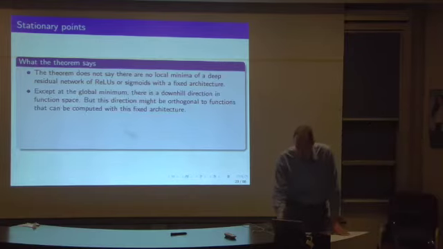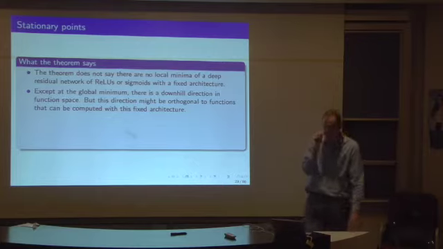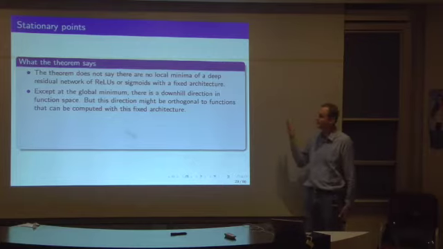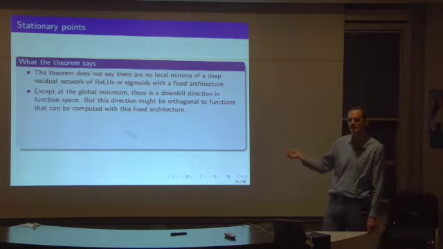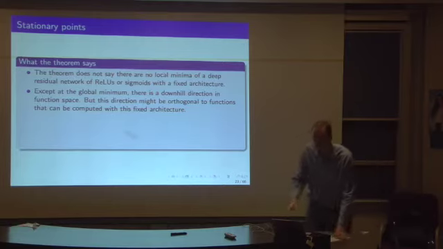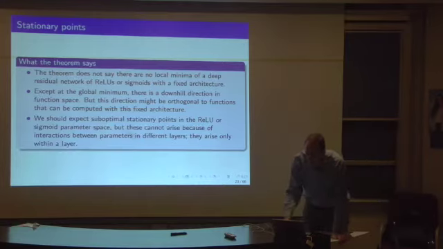I guess what it's saying is that there's always a downhill direction in function space, but it might be that you can't find that direction with some fixed architecture, and we should certainly expect there to be local optima. There should be stationary points that are suboptimal if you consider a fixed parameterization.